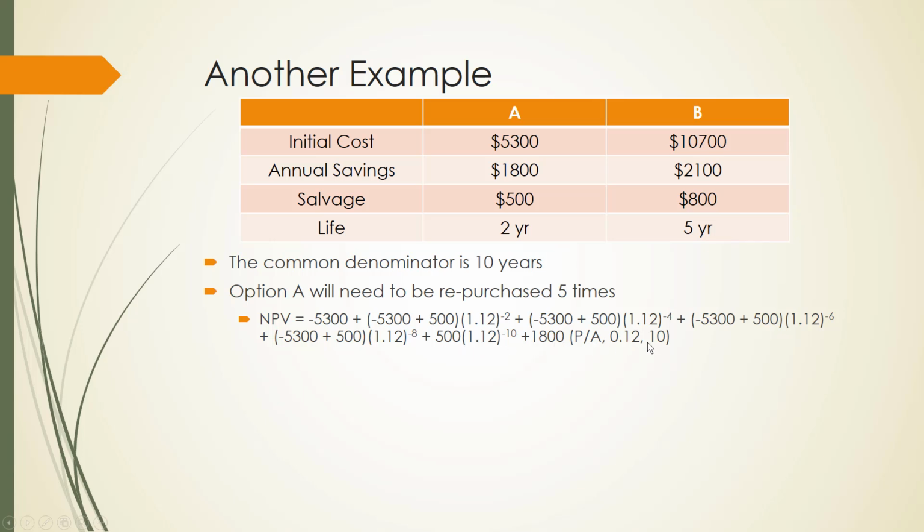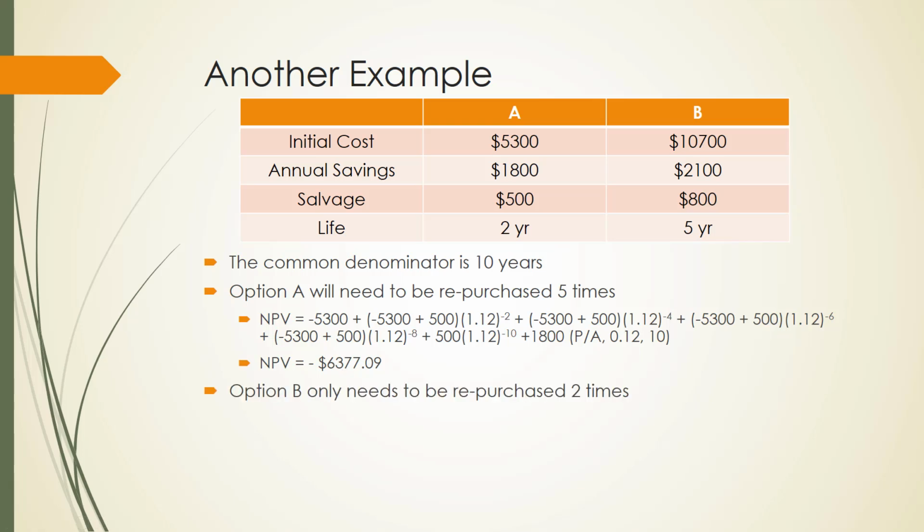In the meantime, all of those 10 years I've had this annual savings of $1,800. And with this I find a net present value of negative $6,377.